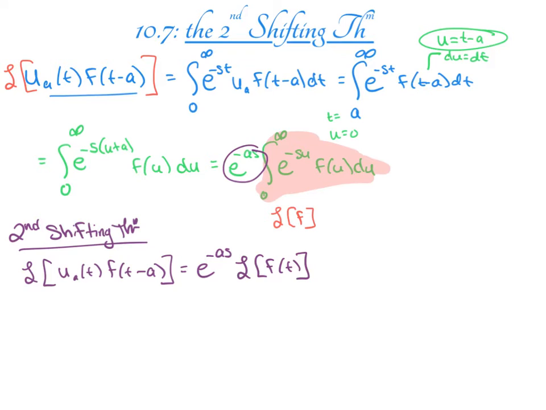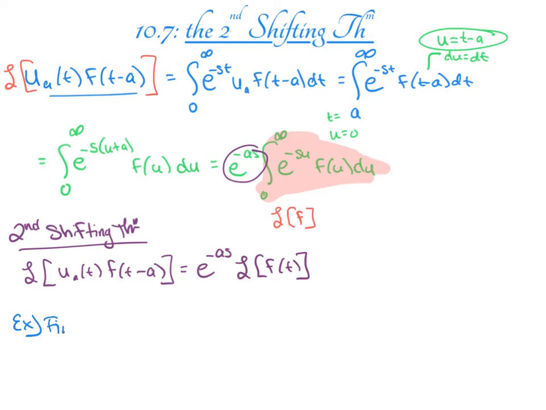So the e to the negative as takes care of two things. It takes care of the unit step function at a, and it takes care of the t minus a shift, and we can just multiply by the Laplace of the original function. So let me show you an example.